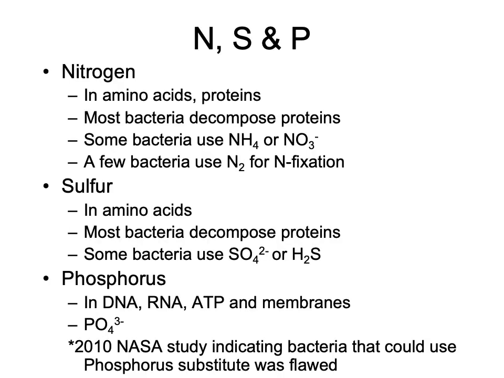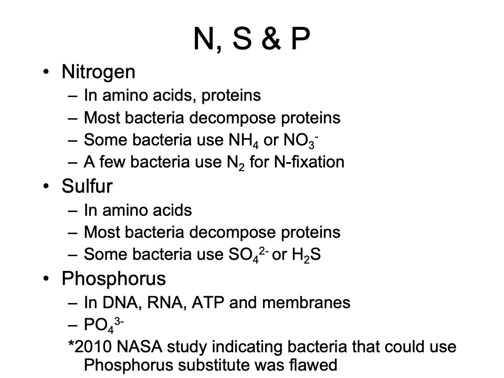Next we have nitrogen, sulfur, and phosphorus. Nitrogen and sulfur are ingredients of amino acids, and amino acids are the subunit of proteins. So we know that microbes need proteins to be enzymes to do different chemical pathways. Same thing here. They need nitrogen and sulfur for amino acids.